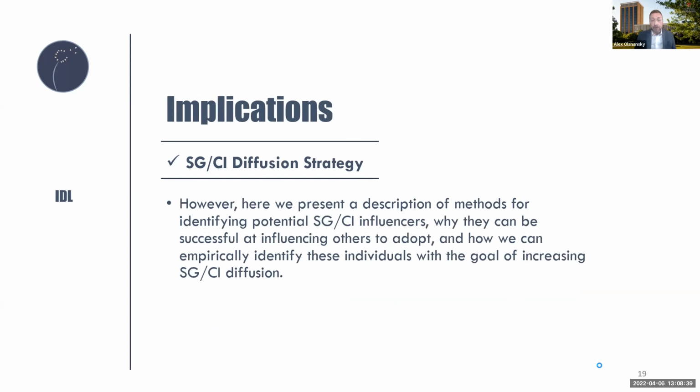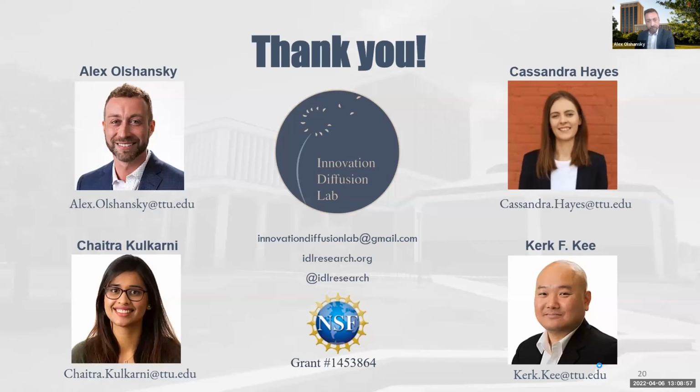However, here we present a description of methods for identifying potential science gateways and CI influencers, why they can be successful at influencing others to adopt, and how we can empirically identify these individuals with the goal of increasing science gateways and CI diffusion.